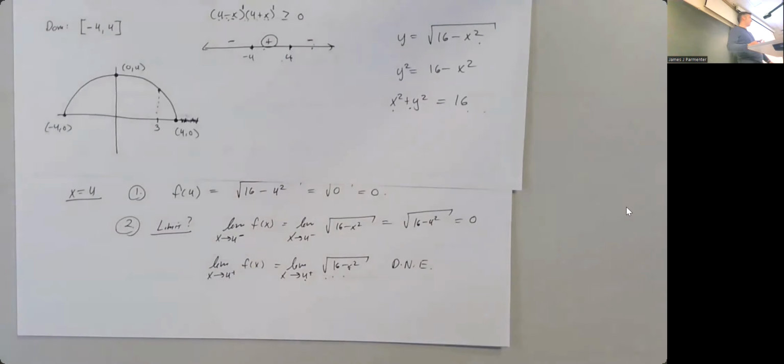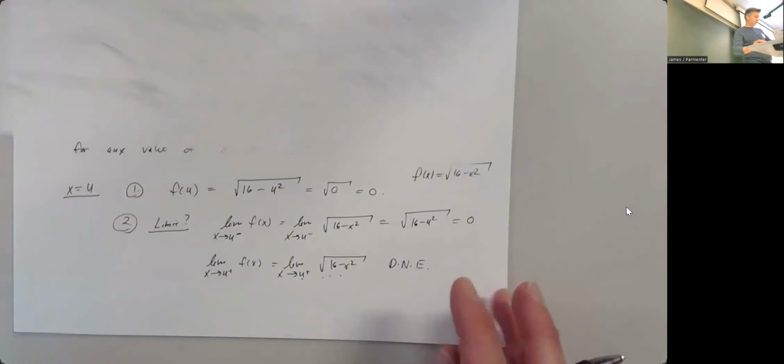So here's the fix. The fix is we just say it doesn't matter. We say that if a function is only defined on one side of a point, then we take continuity to be that the function has to be only continuous from that one side. So here's what we're going to say.